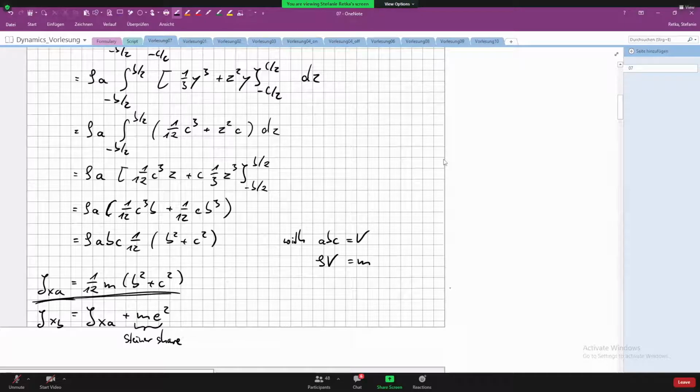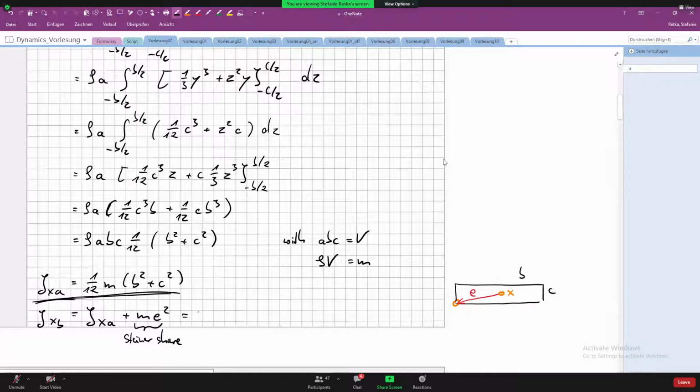And again, draw it over here, b and c. This is our original axis of rotation, and this is our new axis of rotation. And again, we have to find the distance e, the radius from original to current axis of rotation.